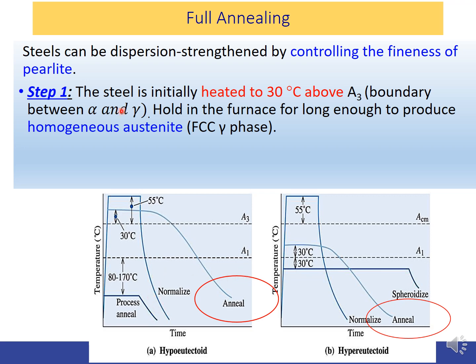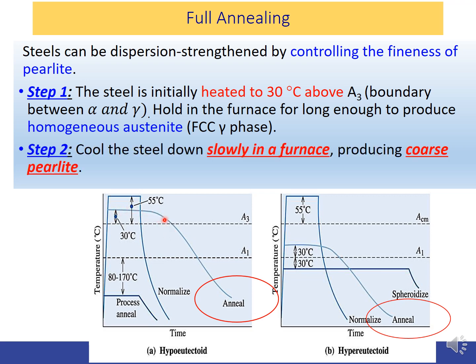There are two steps for full annealing. First, the steel is initially heated to 30 degrees above the A3 temperature, which is the boundary between the alpha and the gamma phase, and held in the furnace for long enough to produce homogeneous austenite.